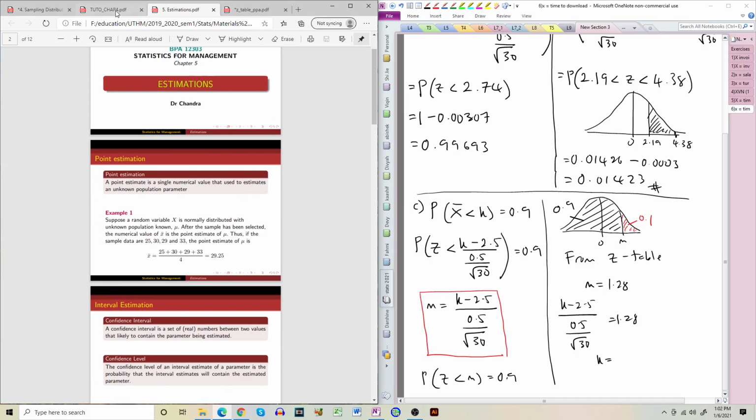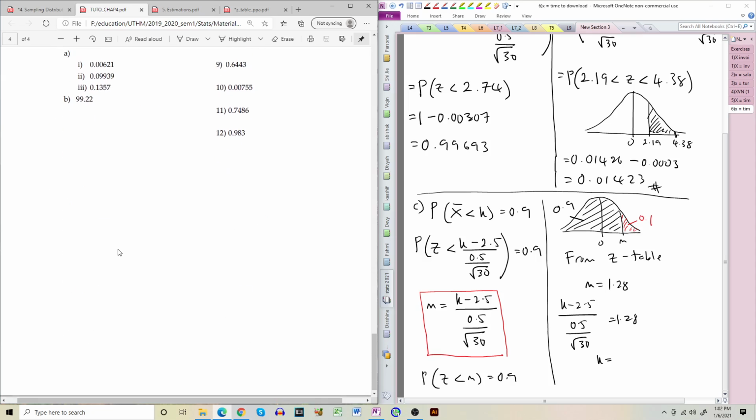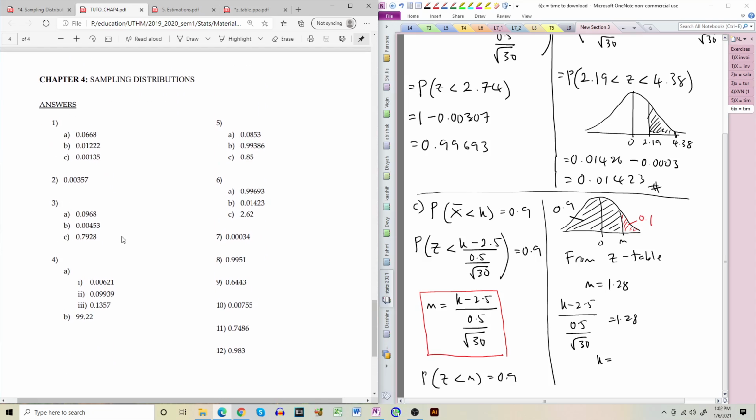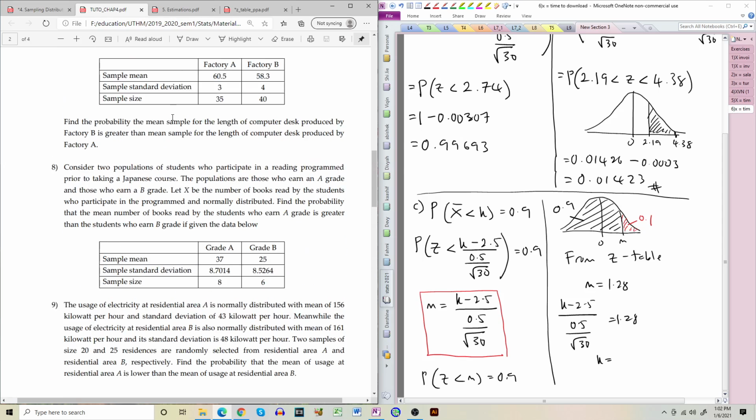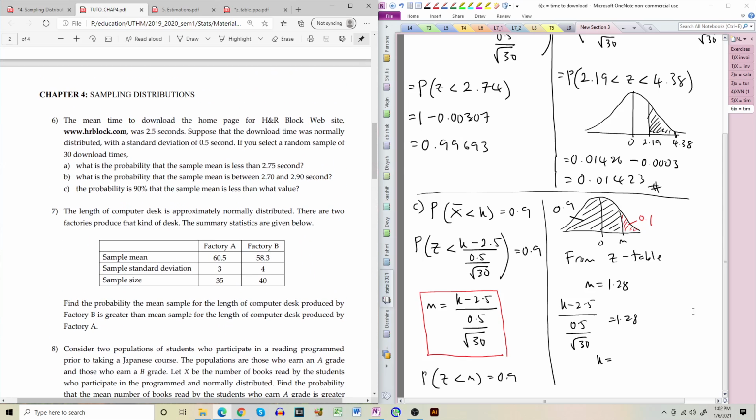Are we getting that? 2.62. Yeah, that is the answer. All right. So this is 2.62. This is the answer for question 6.